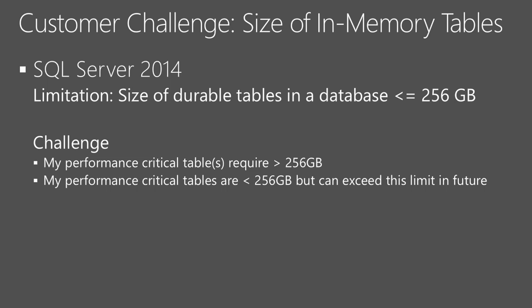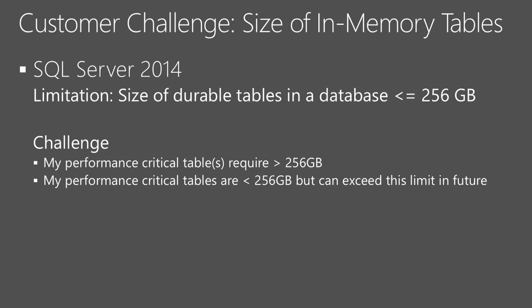And why? Because they did the workload analysis and they found the performance critical tables, one or more tables, were larger than 256 gigabyte. So they could not migrate that table to in-memory OLTP because of that limitation.